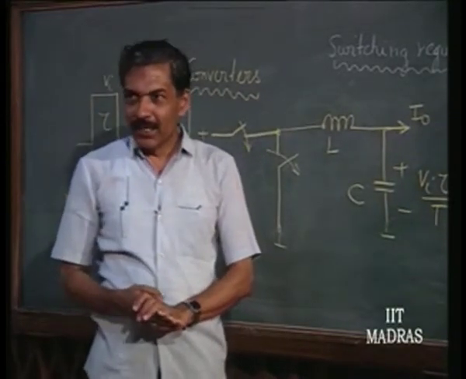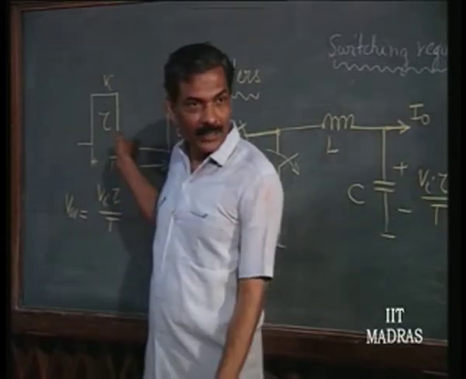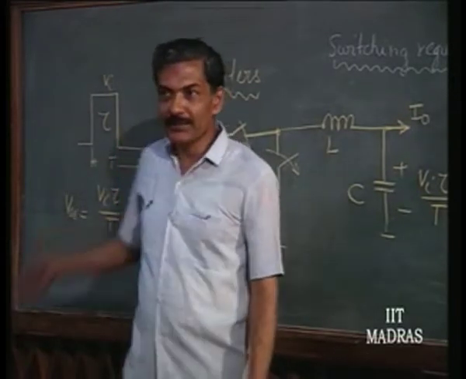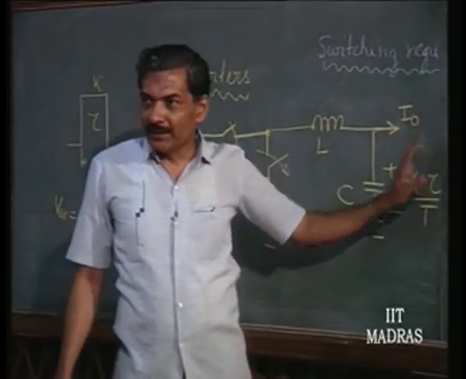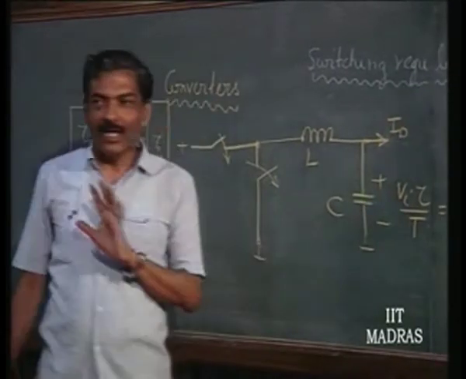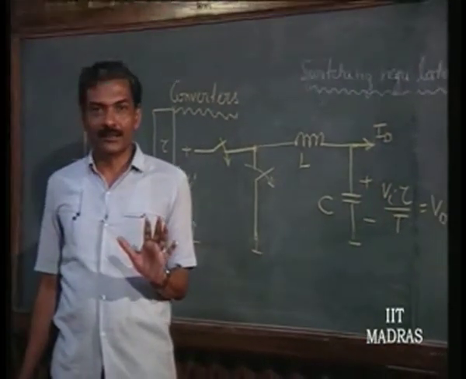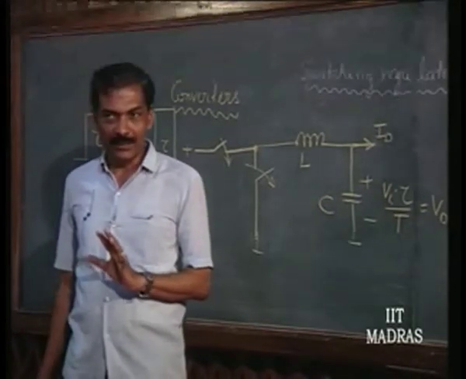Or you can find out the Fourier components of this, and for each component you can find out the output component, since you know the L, C and R component in this. But we are not interested in such a thing. We are interested in designing a good converter, an efficient converter.